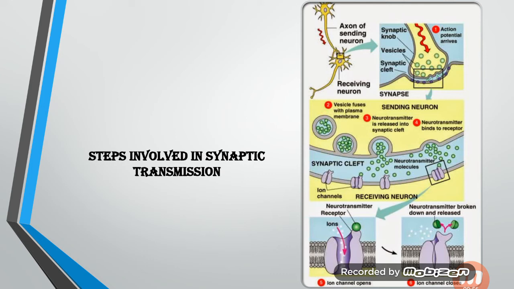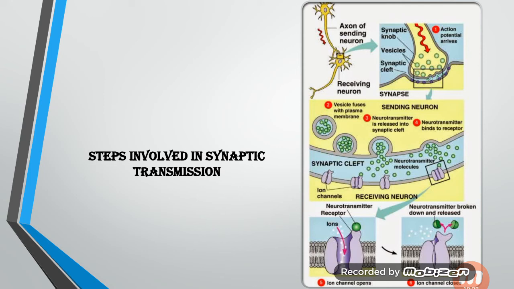The depolarization brings the membrane potential towards the threshold level, which is the minimum stimulus required to initiate a nerve impulse. It is called EPSP, the excitatory postsynaptic potential.